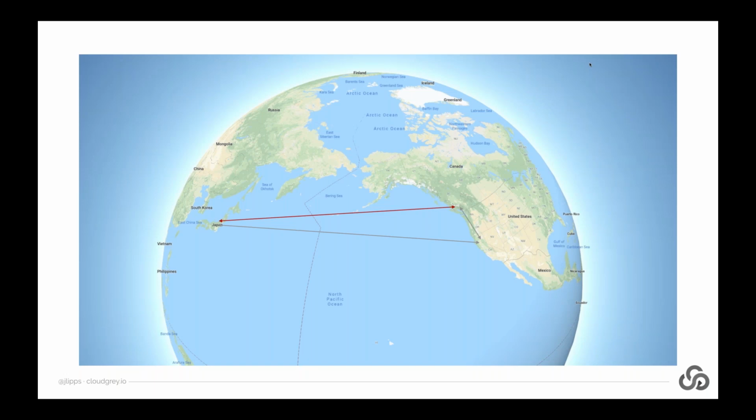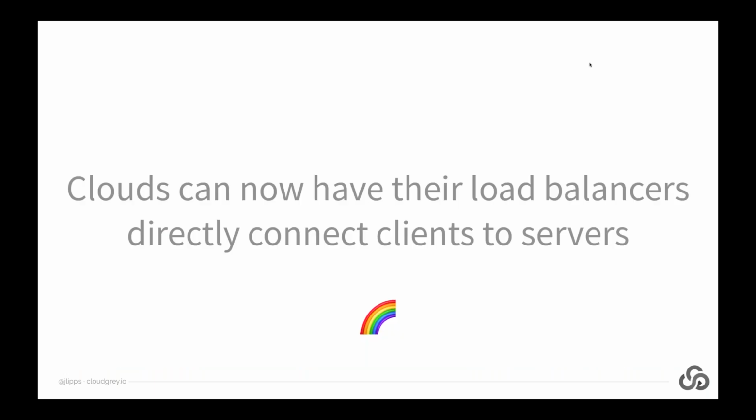So the good news is that because of some work that we've done in the Appium client libraries, cloud providers can, if they want, now have their load balancers, their entry points, directly connect clients, your test scripts, to more remote Appium servers, the ones that are directly connected to the Appium devices.